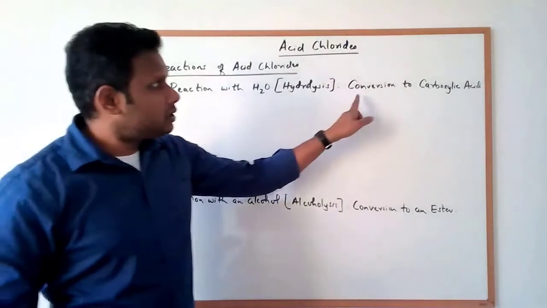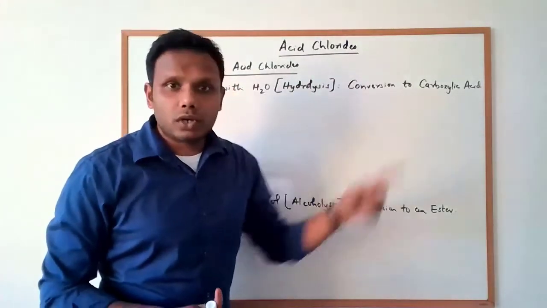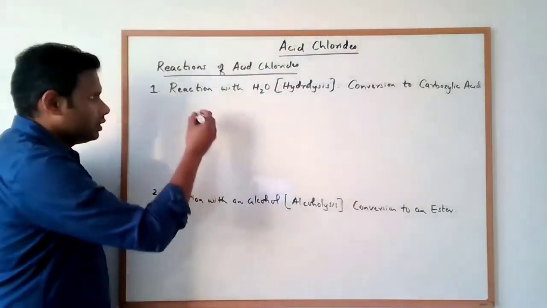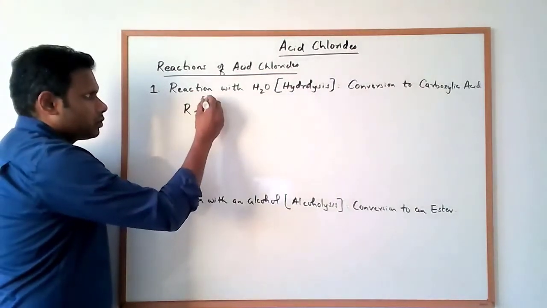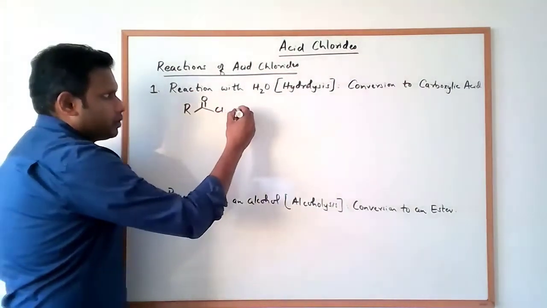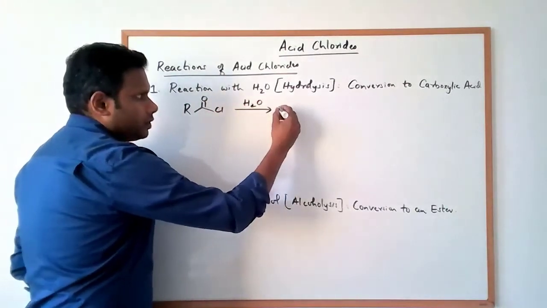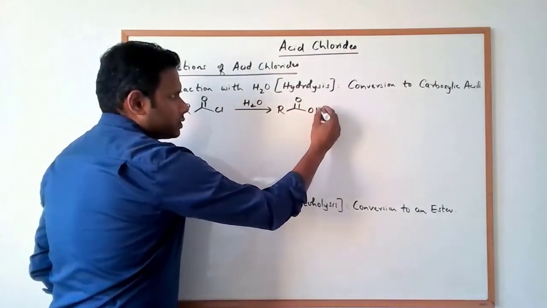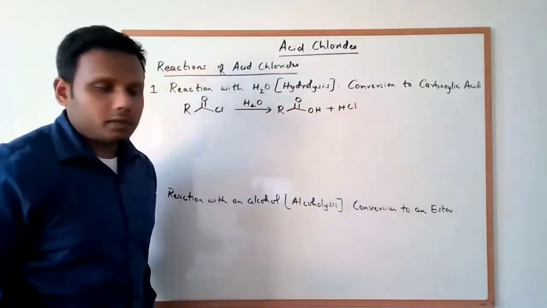What this reaction does is it converts the acid chloride back into the carboxylic acid. So we can write an example here as a generalized reaction. Acid chloride, when it reacts with water, is converted into carboxylic acid plus HCl.